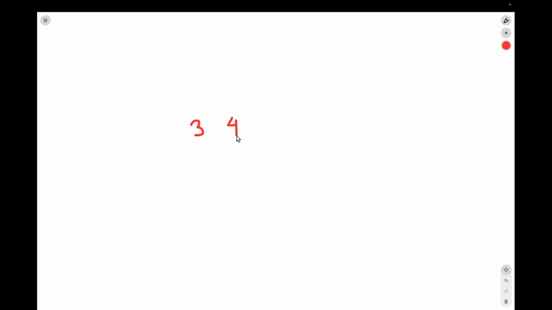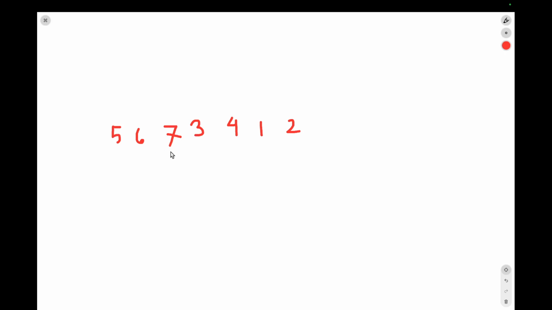3 4, then 1 2, let's say here are more elements like 5 6 7. Okay, so here you can see which are the valid subarrays that have that condition.